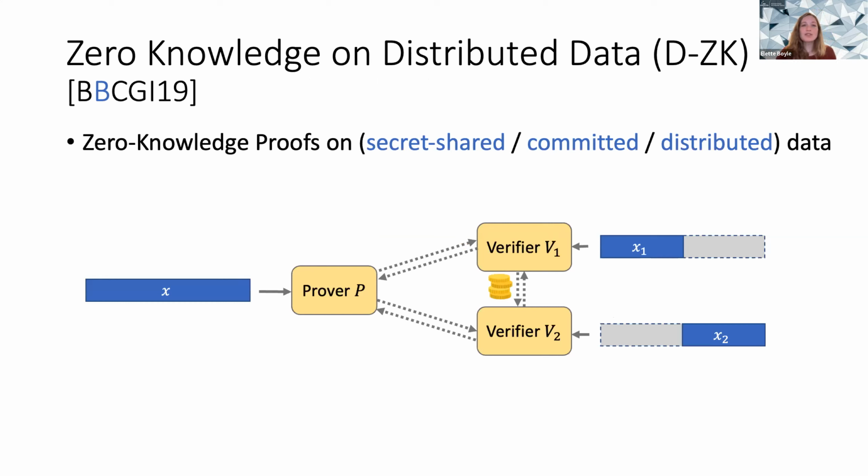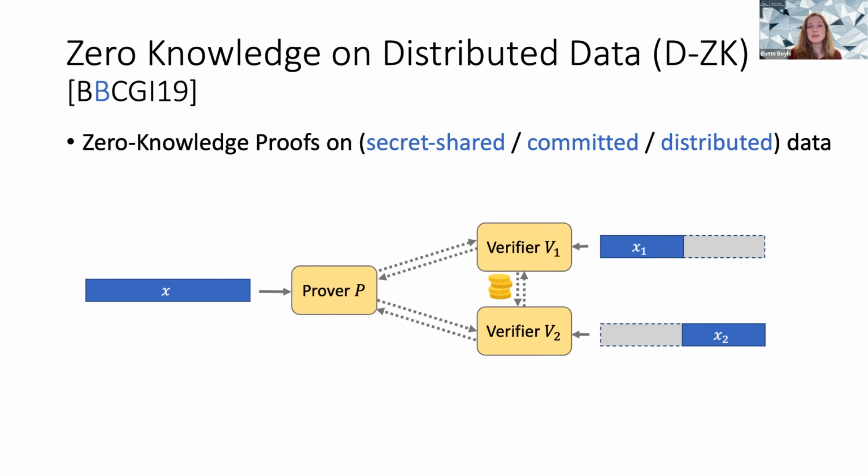Okay, so zero knowledge on distributed data is a notion put forth in this work with Dan, Henry, Niv, and Yuval a couple years ago. Here, this image is a little bit split, where instead of having a single verifier who holds the entire input X, we now consider a setting with potentially multiple verifiers who are holding pieces of this statement. These pieces can be one of a few different things.